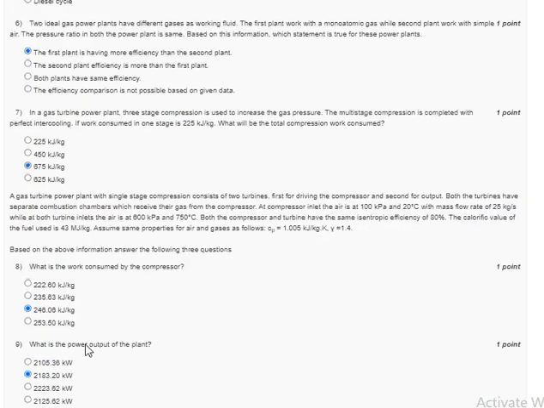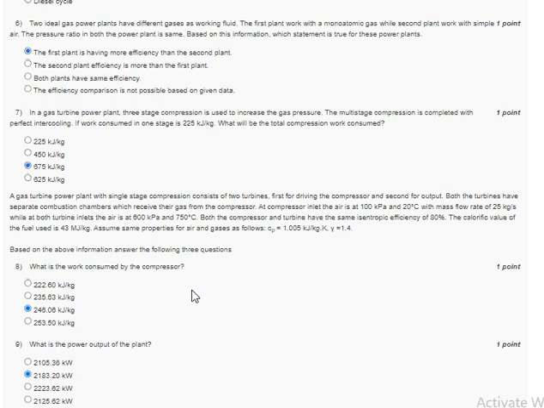Question number 7. In a gas turbine power plant, 3-stage compression is used to increase the gas pressure. The multi-stage compression is completed with perfect intercooling. If work consumed in one stage is 225 kJ per kg, what will be the total compression work consumed?